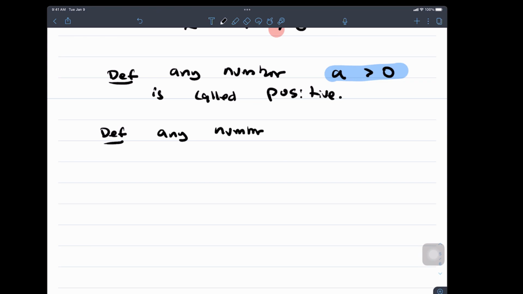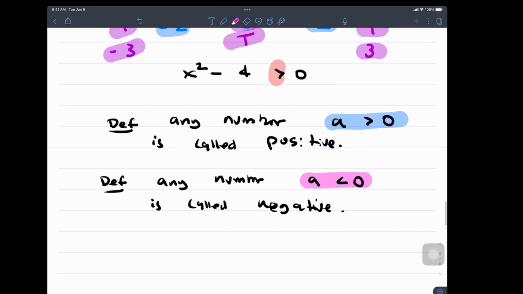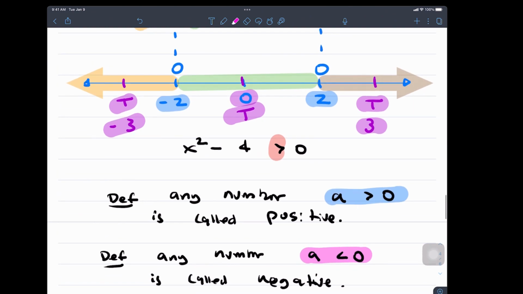Any number A less than 0 is called, what do you think we call that? That's called negative. Negative number, positive number. So what does that have to do with anything? Well, you see this x squared minus 4? We're trying to find where that number is positive. If it's greater than 0, that's positive.